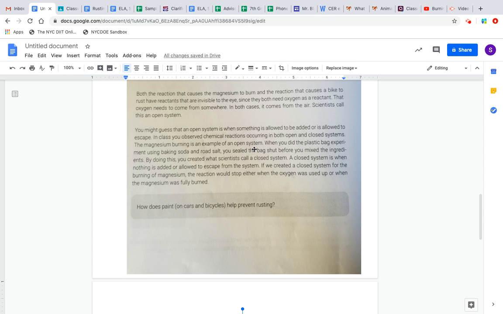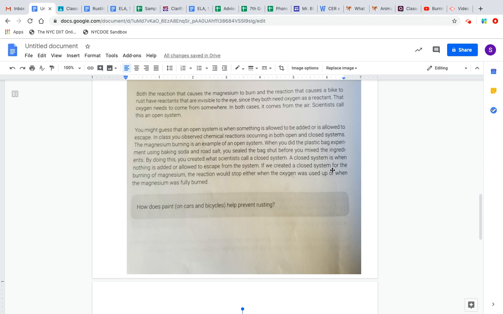When you did the plastic bag experiment using baking soda and road salt, you sealed the bag shut before you mixed the ingredients. By doing this, you created what scientists call a closed system. A closed system is when nothing is added or allowed to escape from the system.